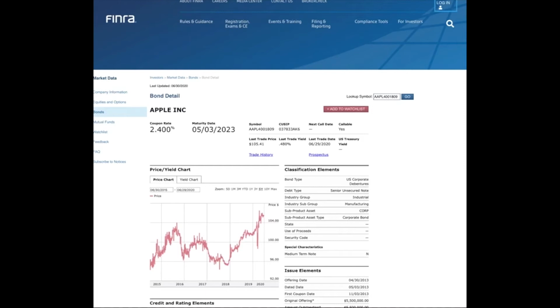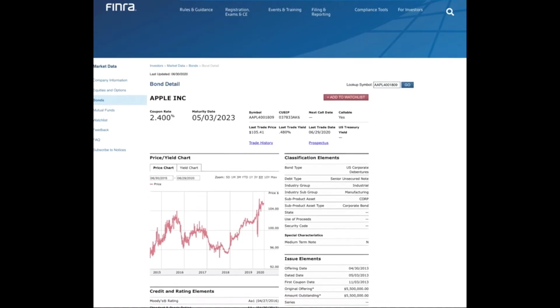Second part, we are going to run the semi-annual coupon bonds, because corporate bonds usually pay coupons on a semi-annual basis. This is FINRA. On this site, we can get information about U.S. corporate bonds. I already found a specific bond, Apple Incorporated.